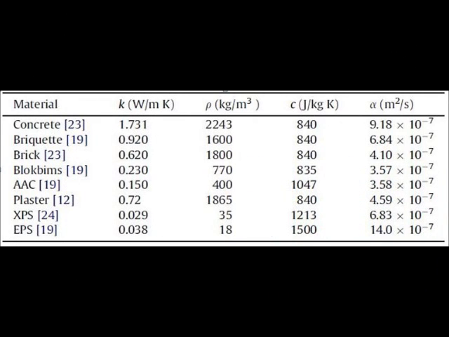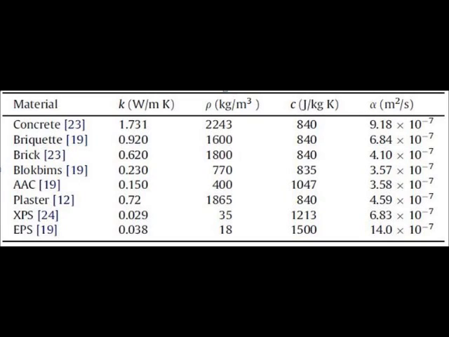I'm going to show you this part. This part is talking about the material you use to build the house. So the K here is the thermal conductivity, right? That's correct. So you want the lower K for better insulation? Yeah, correct.